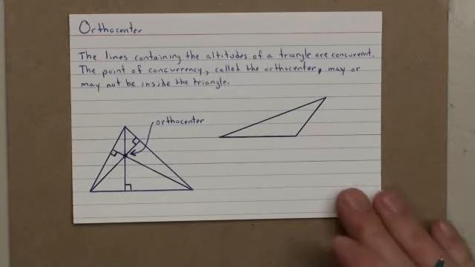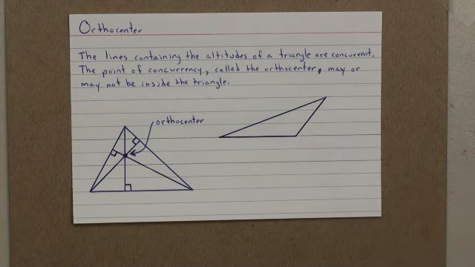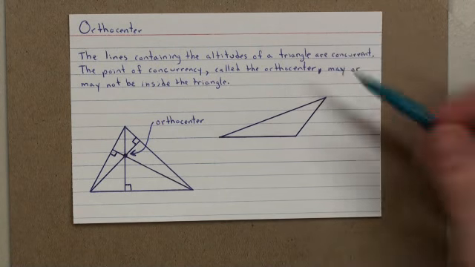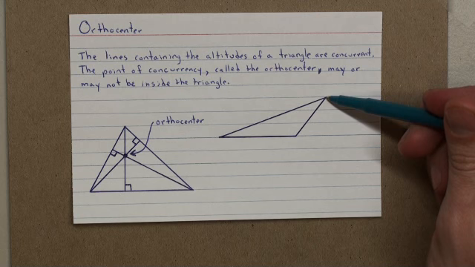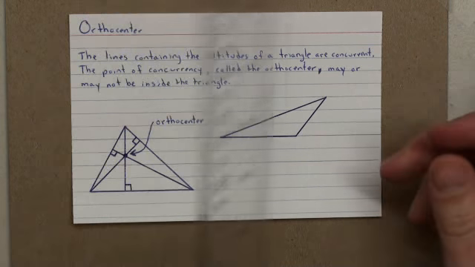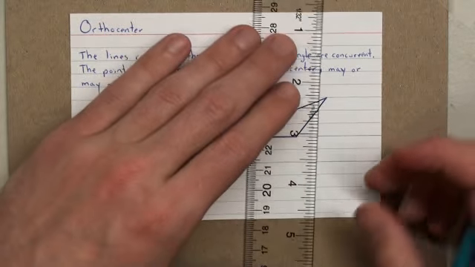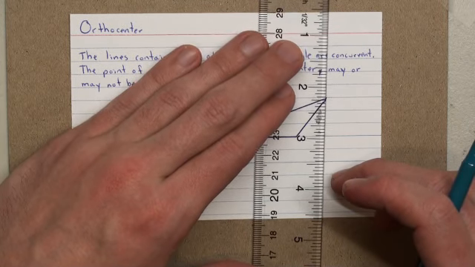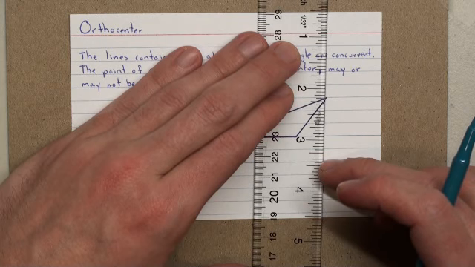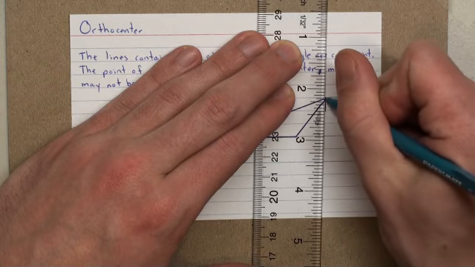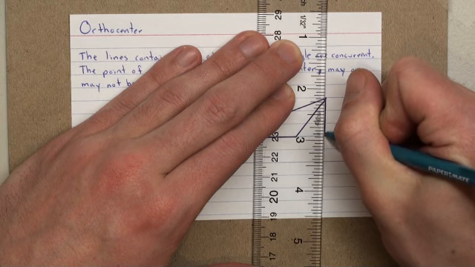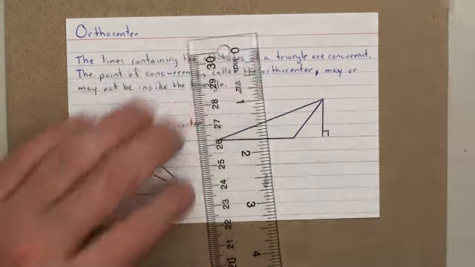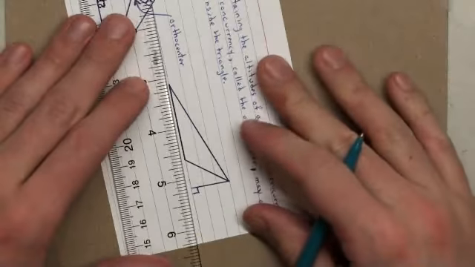So this time I have an obtuse triangle, right? Now, let's say I want to draw from this vertex straight down. So what I do is I draw a line. Straight down from that vertex. And there's my right angle, and now I'm going to make that dotted line.